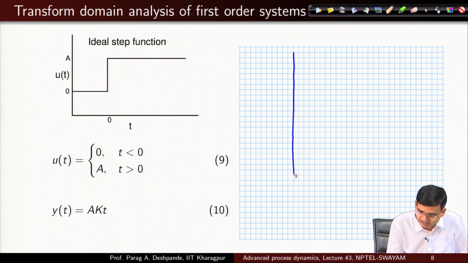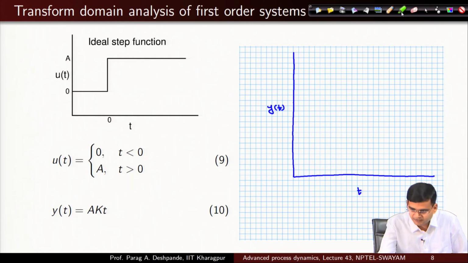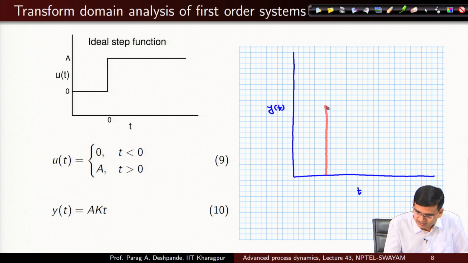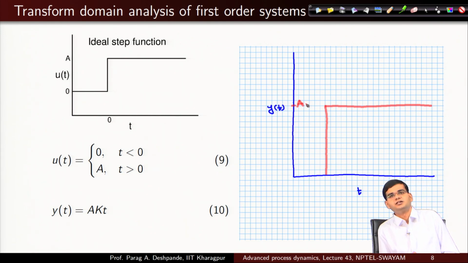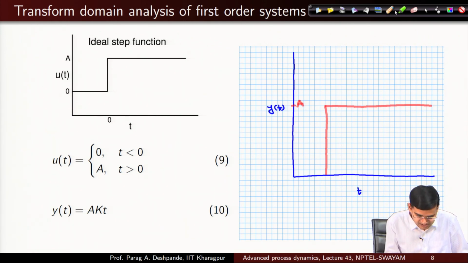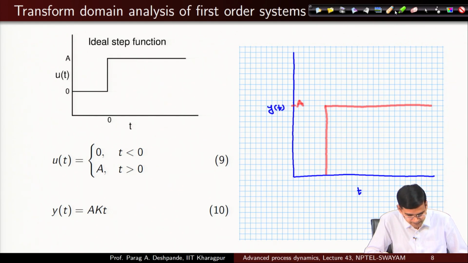You have a pure capacity system, and y of t is what you want versus t, and you have an ideal step function of magnitude A. Looking at this response given by equation 10, your response is given as A k t.